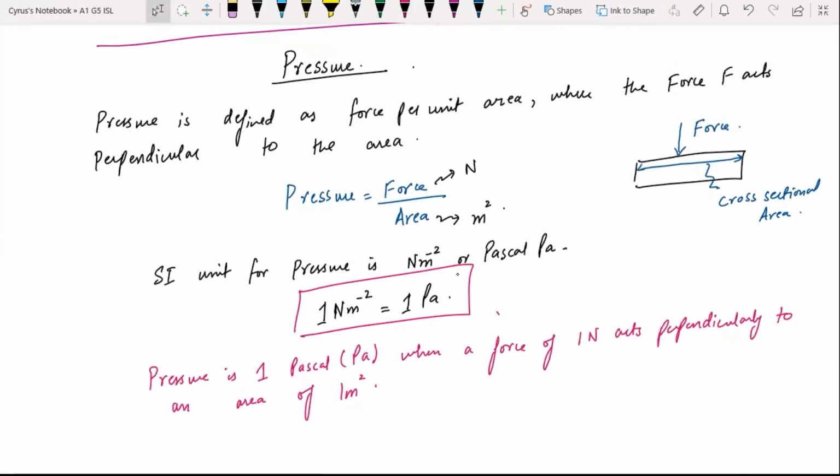So whenever you have a force of a Newton acting on an area of 1 meter square, then the pressure is 1 Pascal. This is something that they can ask you, that define Pascal in paper 2. Right? Are you getting what I'm saying?